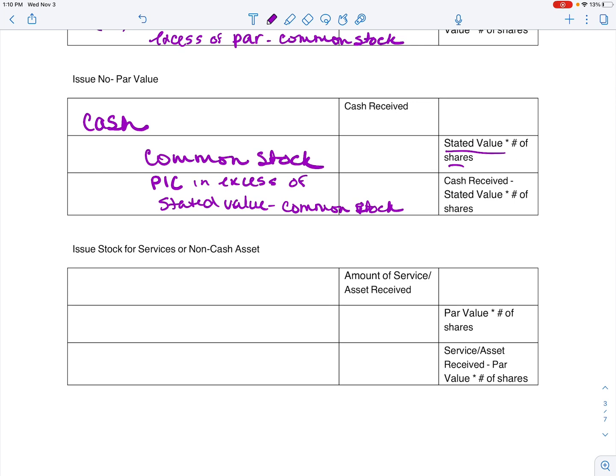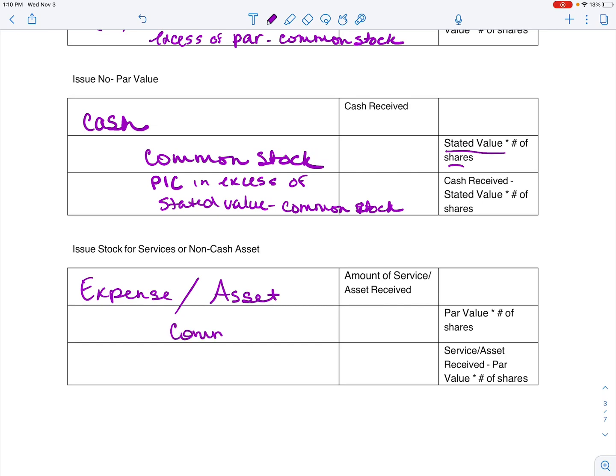So it might be a situation where we don't get cash for stock, and that's fine. That happens, especially when you're starting off a business. We might get some assets instead, or maybe somebody provides a service for us. If that's the case, we're going to do the same type of thing, except instead of cash, we just record whatever expense it is or whatever asset we receive.